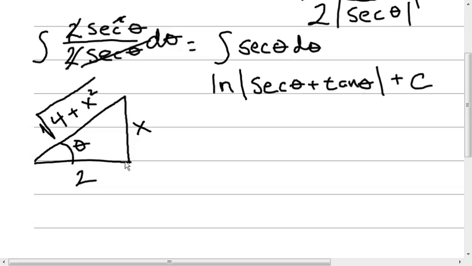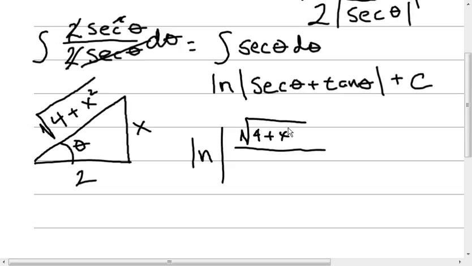We can just gather them up from right here, and we get log of the absolute value of the hypotenuse, which is the square root of 4 plus x squared, divided by 2, plus the tangent, which is the opposite, x, divided by the adjacent, which is 2, and then we need to add our constant. We're now back in terms of x, and we've solved the problem.